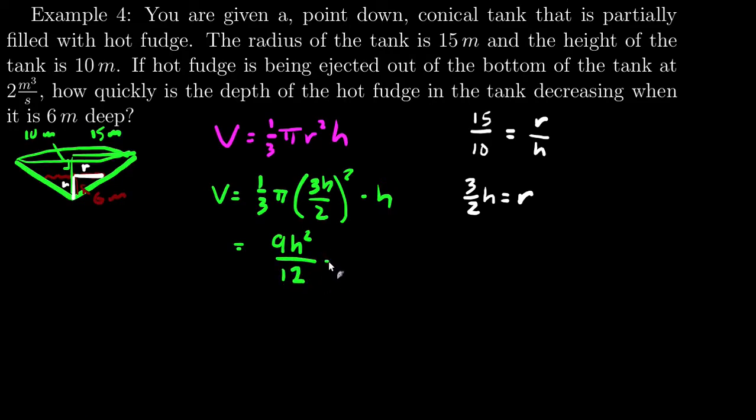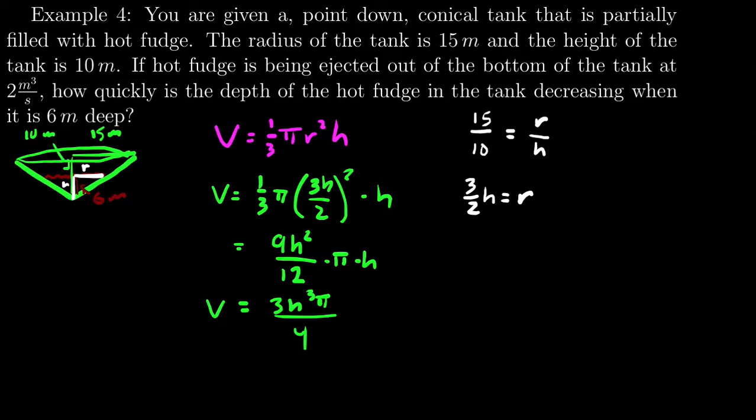I still have this pi and this other h. 9 over 12 reduces to 3 over 4. h squared times h is h cubed, so I have 3h cubed pi over 4. And that's going to be my volume equation.